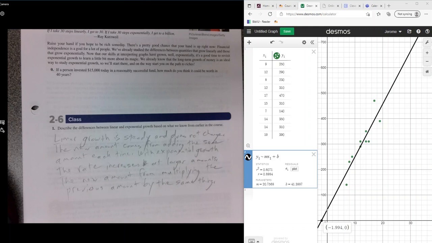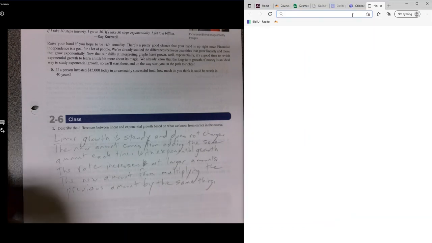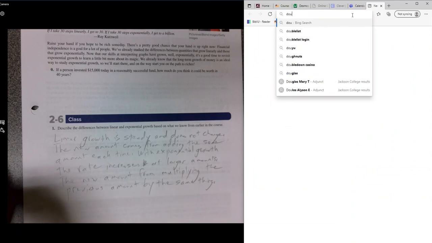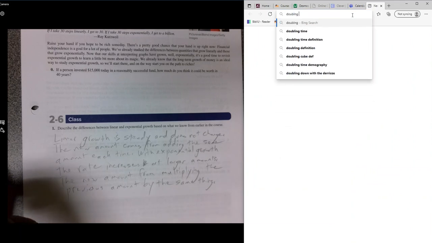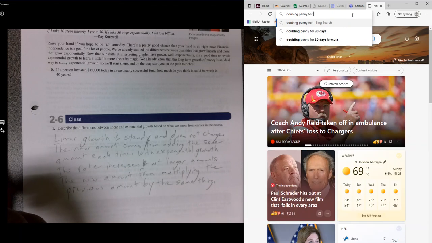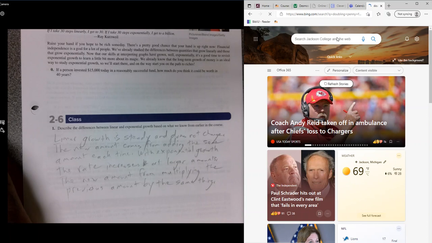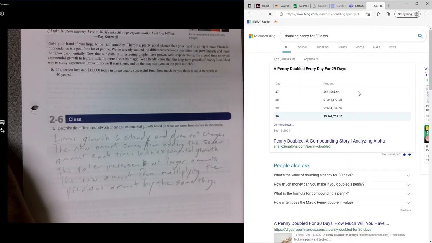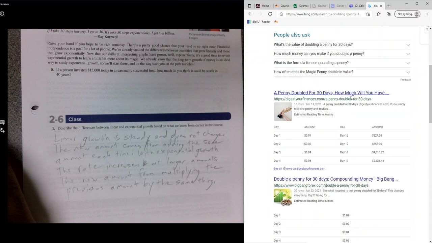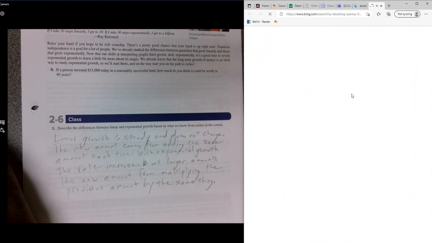Now, I'll pull this up online to make this a little easier. Doubling a penny for, let's do 30 days. Let's see, oh, here's the chart right here.